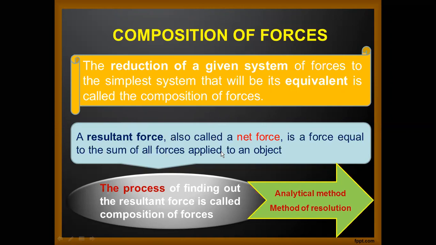Or we can also define the resultant force as a single force which has the same net effect caused by the system of forces. That is, the effect the entire system of forces is producing will be given by one single force which produces the same net effect. That is called the resultant force. The process of finding the resultant force is called the composition of forces.